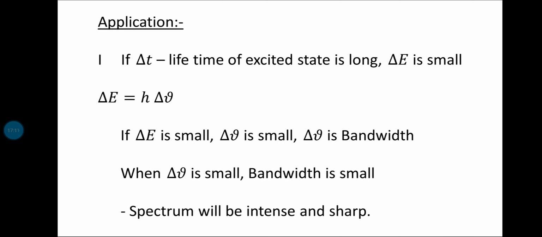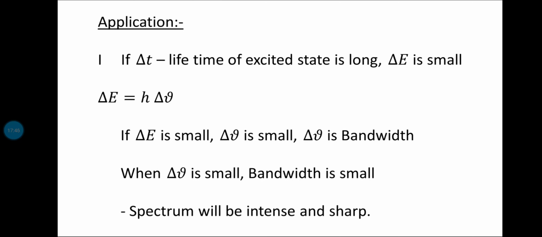First one is if delta t, meaning lifetime of excited state, is long, what will be the value of delta E? So delta E will be less. If delta T is more, delta E will be less. If delta T is less, delta E will be more. That is the second case.